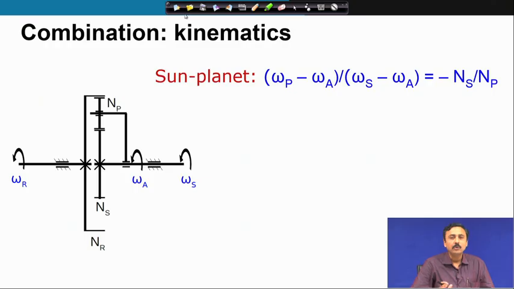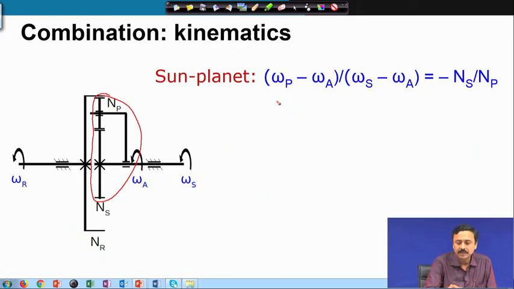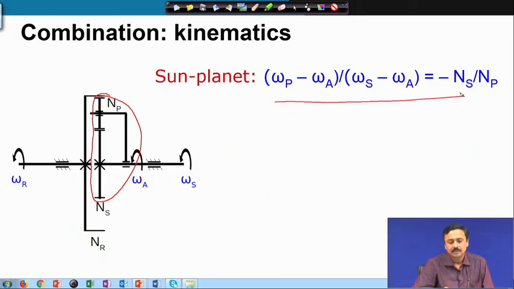Let us now look at these kinematic relations and go in pairs. First, let us look at the sun planet pair, which means we are looking at the system in which we have the sun, planet and the arm. We have derived the kinematic relation, which is of this form.